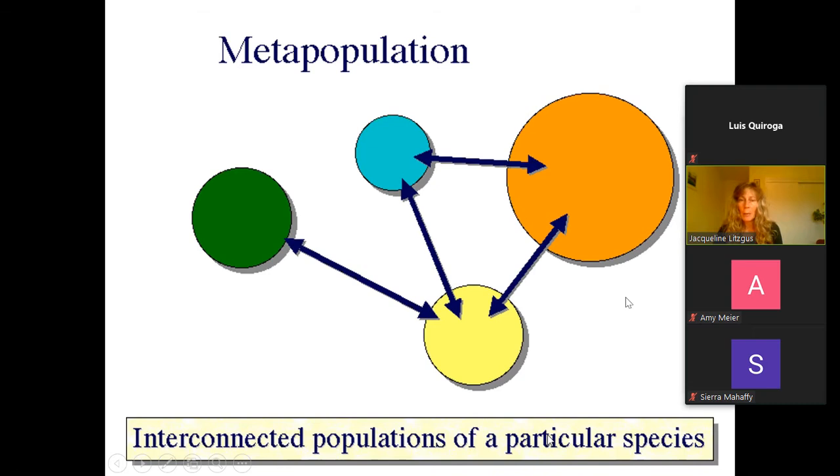Okay, so one thing that's important to talk about here, and a distinction we need to make, is between dispersal and migration, okay? Dispersal usually means movement in one direction. So individuals from the orange patch can go to the blue patch, and they stay at the blue patch when they get there. So it's unidirectional, not cyclical.